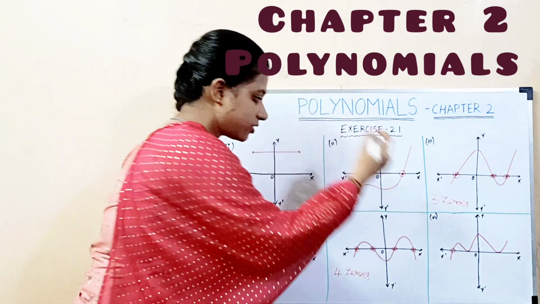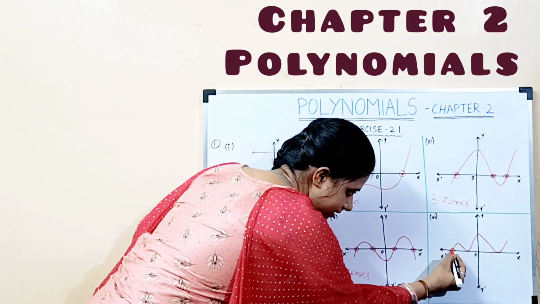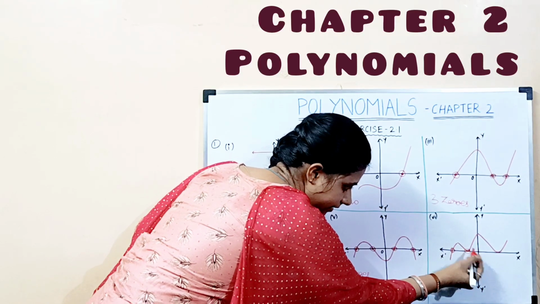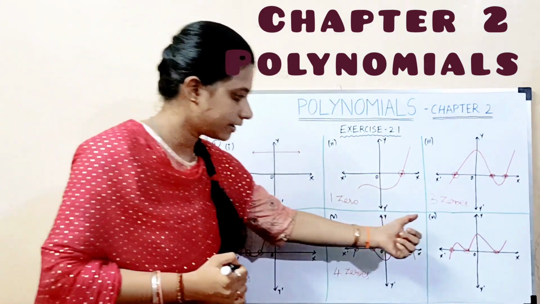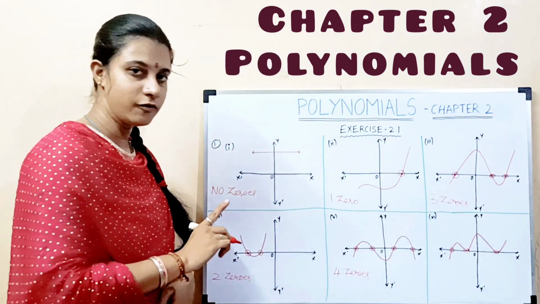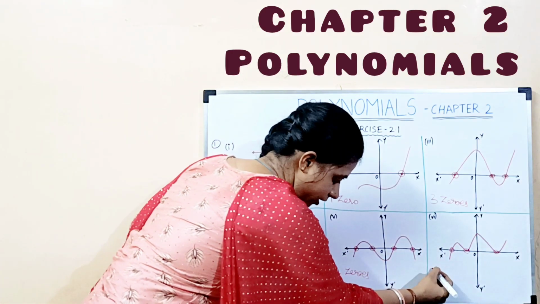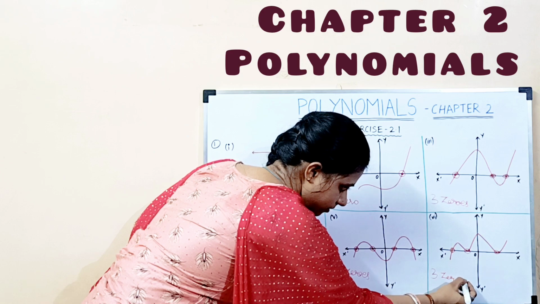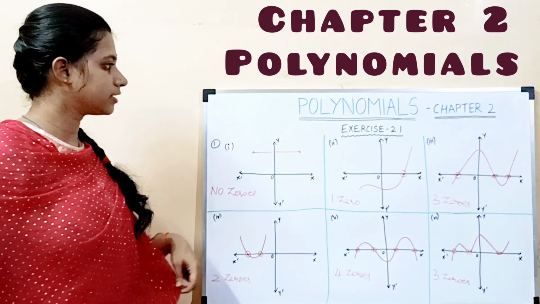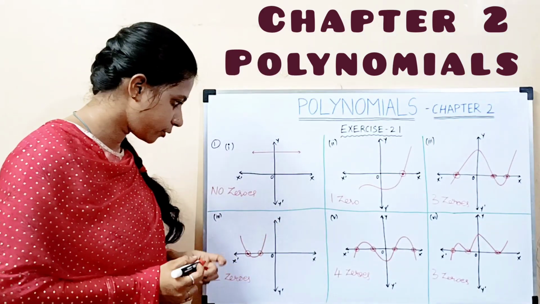Coming to the sixth subdivision, we can see that the graph intersects here, and also here. So in the sixth subdivision, the graph intersects the x-axis at 3 points. So we can say it contains 3 zeros. So this is all about exercise 2.1.